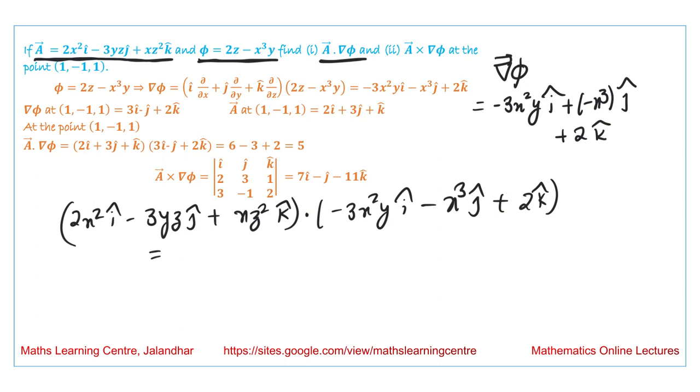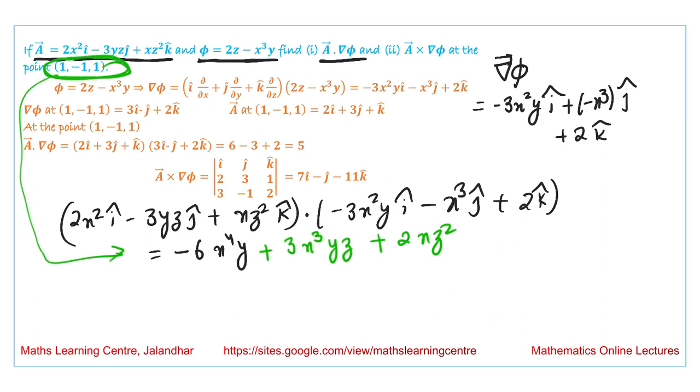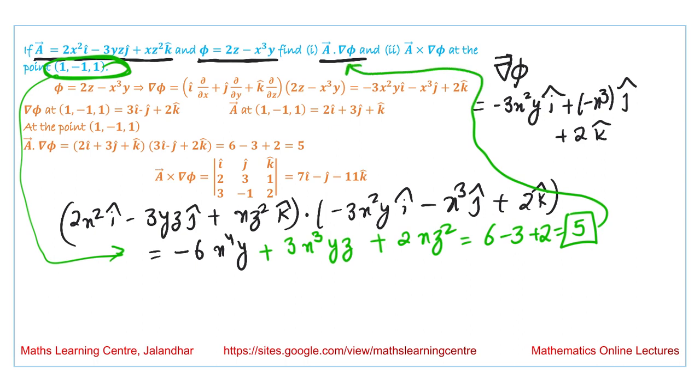The dot product of these two is minus 6x raised to the power 4 y, plus 3x cube yz, plus 2xz square. Now if we substitute the point (1, -1, 1), the answer we obtain is 6 minus 3 plus 2, which is equal to 5. So this is the value of A vector dot gradient of phi.